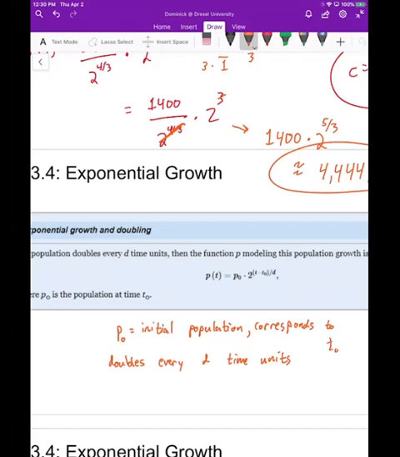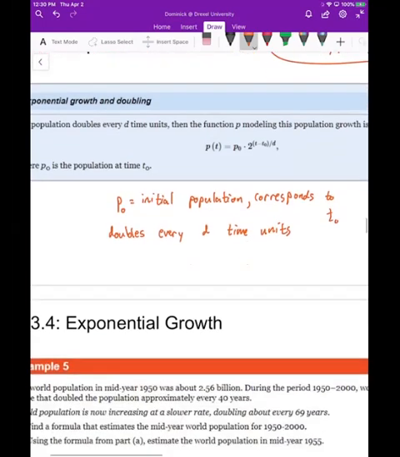Okay. So we can use this model to also show doubling time. All right, so that's an interesting application.